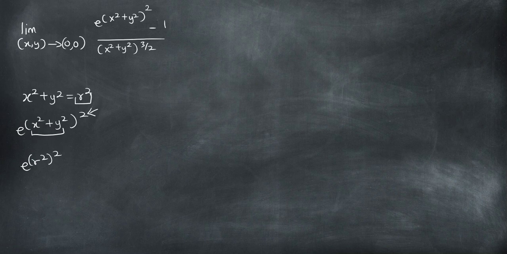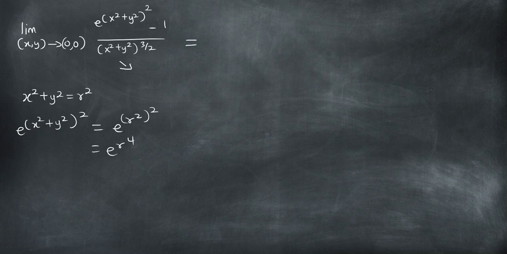So then you're going to have this whole expression equal to e to the power r squared, all squared, which will be equal to e to the power r to the power 4. And then for the denominator also, we are going to have r squared, because we have x squared plus y squared.